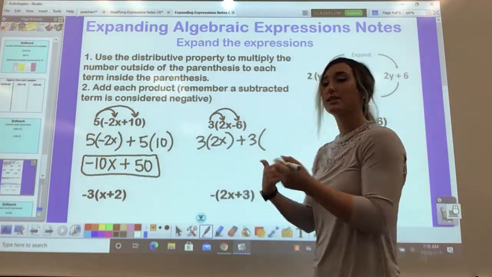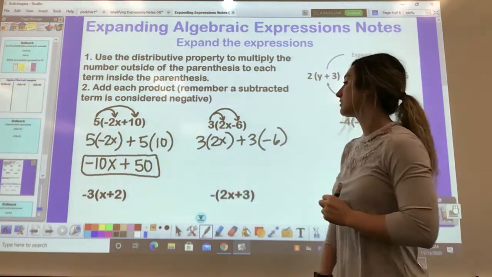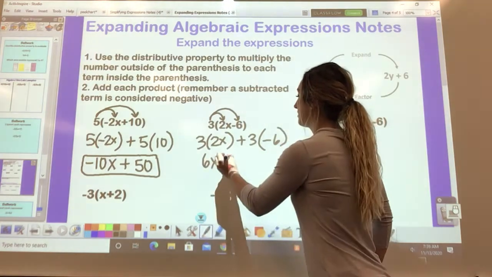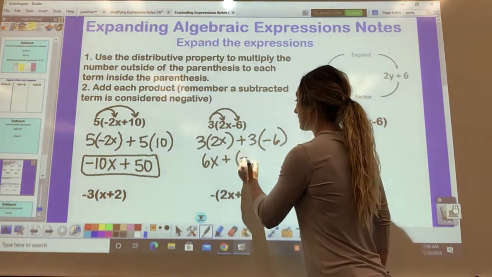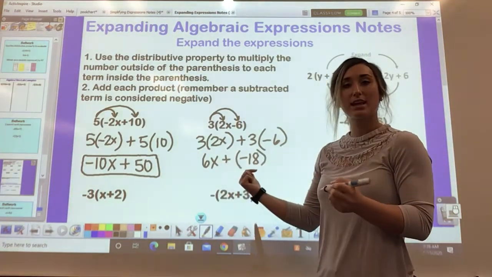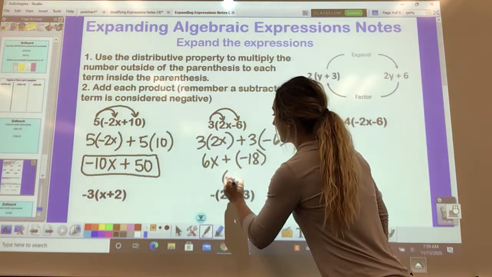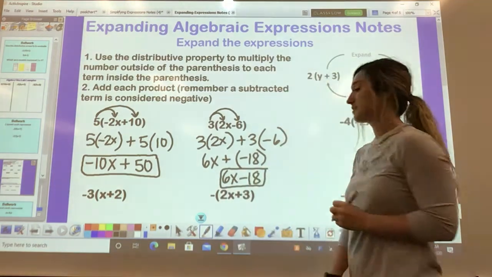Since we're subtracting 6, it can be considered as a negative 6. So 3 times 2x is 6x, plus 3 times negative 6 is negative 18. So you can leave it as plus negative. I just always like to write it in the form of subtraction. So I'll write my final answer as 6x minus 18.